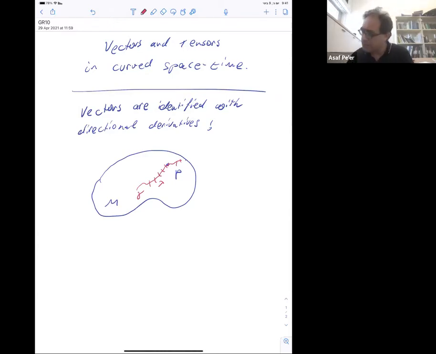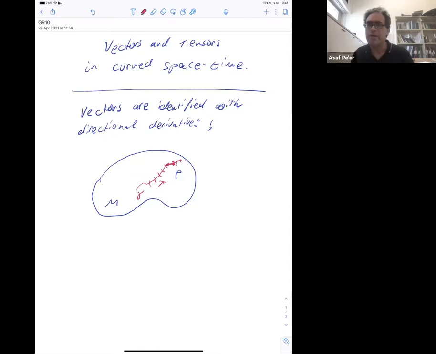And this parameterized curve through P defines a directional derivative, which is basically a generalization of the concept of partial derivative. In a partial derivative we have a set of coordinates, we keep all the coordinates fixed, and we change one coordinate. We see how the function changes as we change this one coordinate, and we call this a partial derivative of the function f.